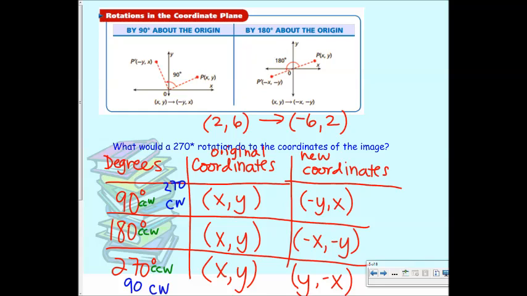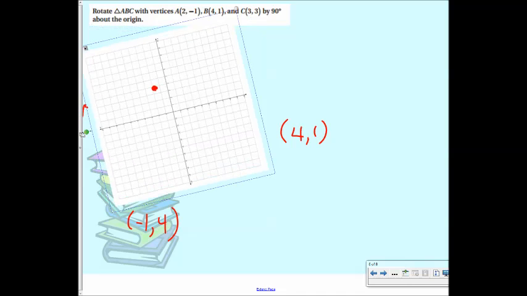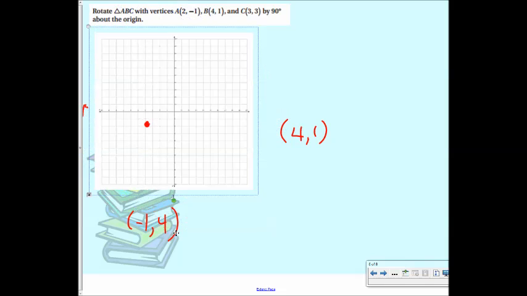So what you're actually doing when you turn this shape is, if I turn it once, I'm basically taking it from the first quadrant into the second. If I turn it again, now it appears to be in the what quadrant?